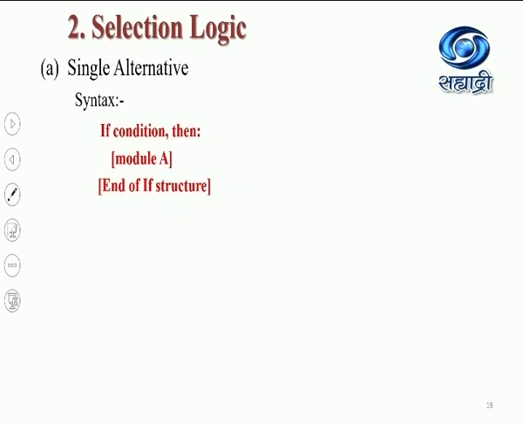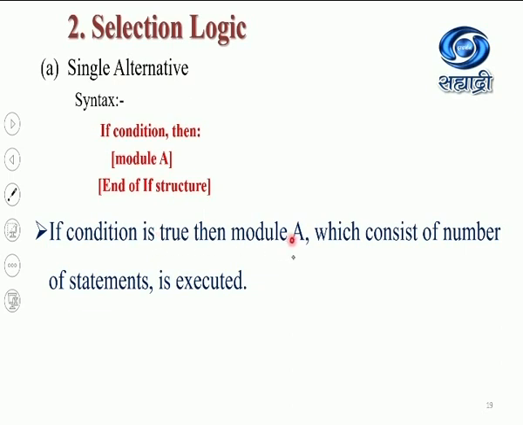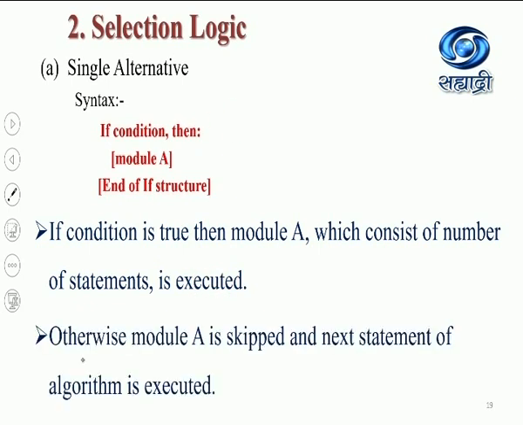There is no else part in the single alternative. That is a very important point. If the condition is true, then module A, which consists of a number of statements, is executed only if that condition is true. Otherwise, module A is skipped and the next statement of the algorithm is executed. These are the important points for the single alternative statement.